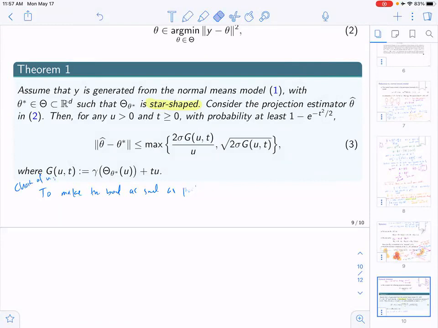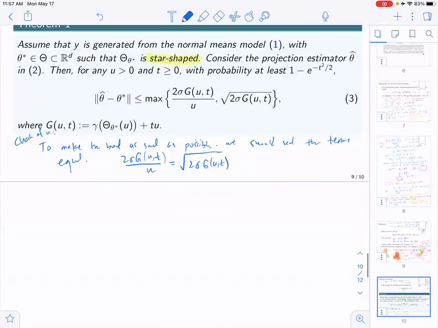We should roughly set the two terms equal, up to constants. It's natural to try to set these to be the same.